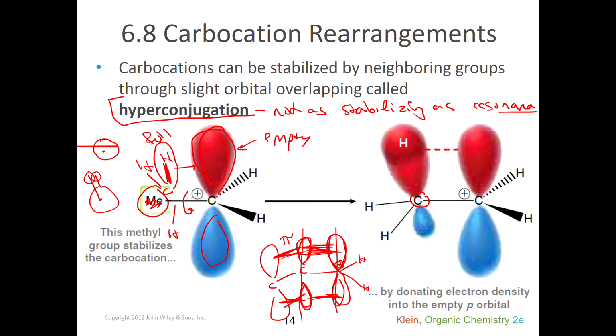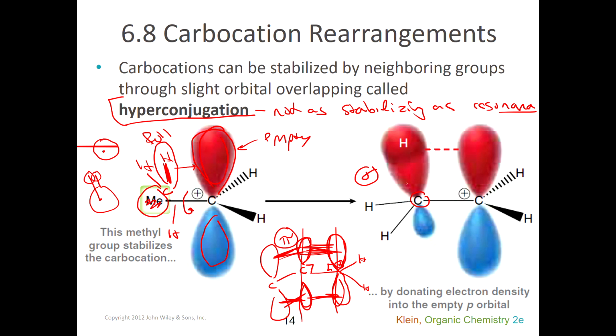So that's one difference. This is a sigma bond. Down here with resonance, it was a pi bond. And when it's a sigma bond, the angle is a little bit different. The pi bonds are at 90 degrees to the plane of the nuclei. And so they're parallel and they overlap fairly readily.